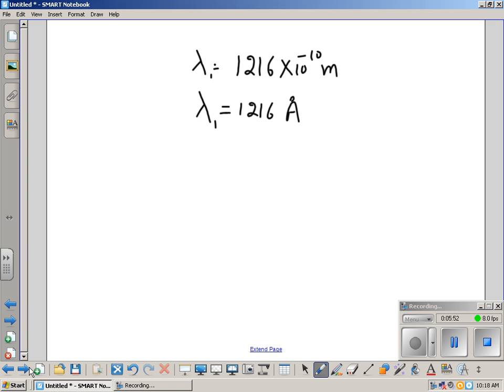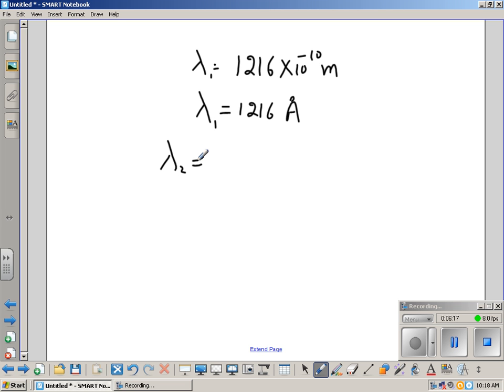Similarly, you can get the wavelength of the other lines. The first line you are calling the first member. How can you get the wavelength of the second line? Lambda 2 also can be obtained by substitution.